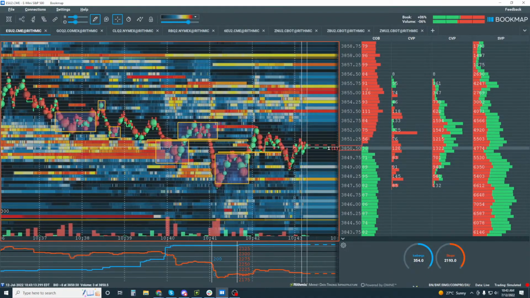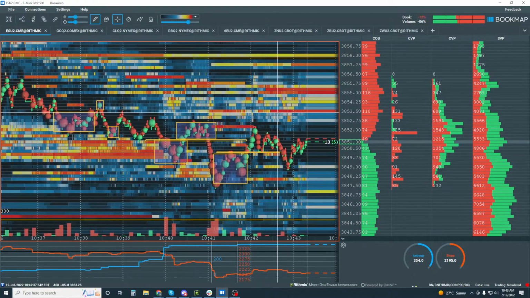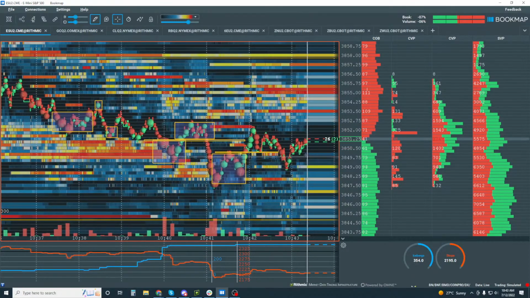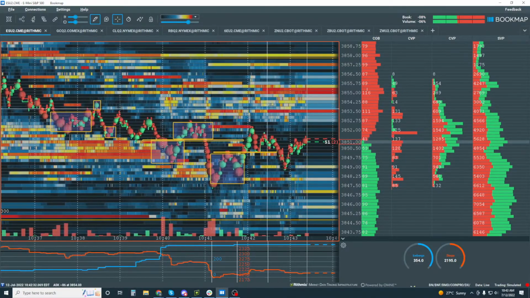It's not a prime setup or reading here again. That would be the kind of direction we're looking for here.